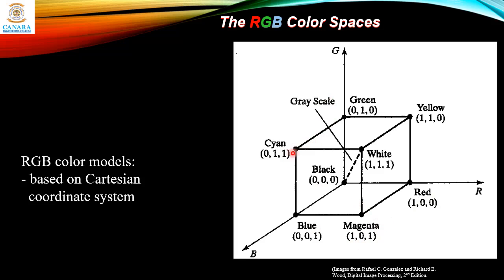And if there is an absence of red and presence of high intensities of green and blue, we'll get cyan color. This is the 3D representation, and we'll have a similar representation for the CMY model and HSI model in later slides.